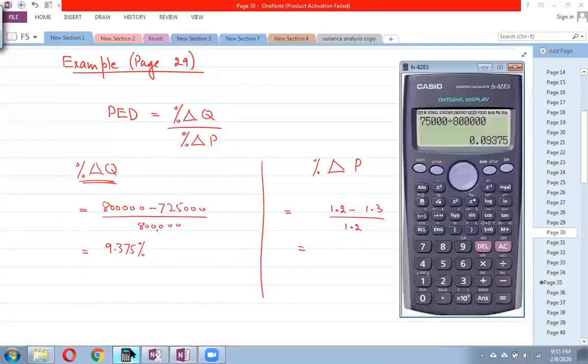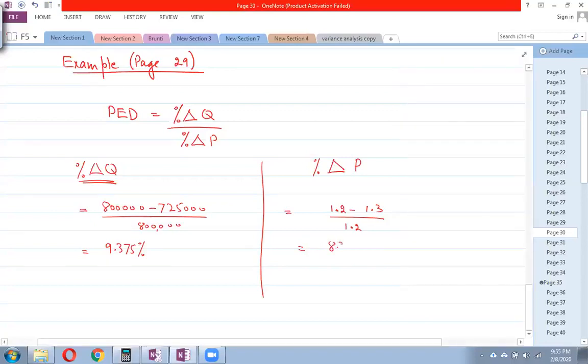What do you get from 1.2 minus 1.3 divided by 1.2? It's 8.33%. We'll ignore the negative sign. So we simply have to write it over here.